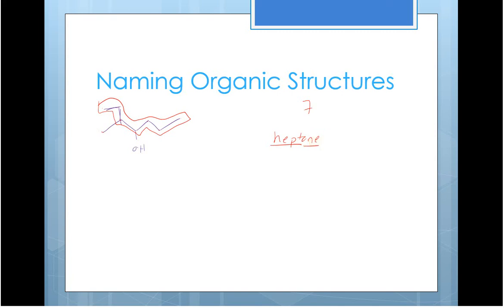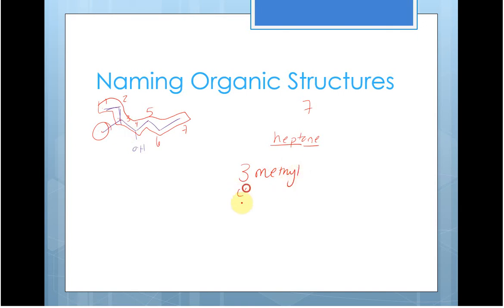Now we want to look at the substituents. 1, 2, 3, so on the 3 and 4 position we have something, or on the 1, 2, 3, 4, and 5 position. So we don't want to count from this direction, we want to count from here. 1, 2, 3, 4, 5, 6, 7. And so on this third position we have a methyl.